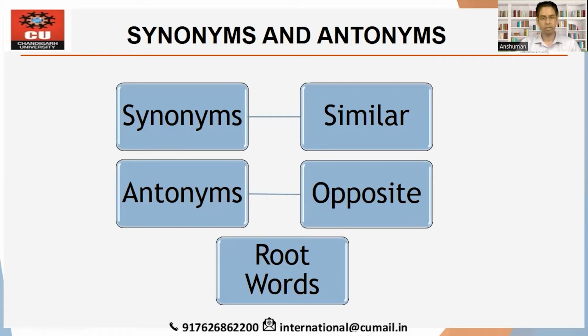So likewise, antonyms are the words which are opposite to the word we are referring to. And with the help of root words, we can try to understand how to solve questions based on synonyms and antonyms. So let us move ahead to the next slide and we'll understand it in a much better manner.